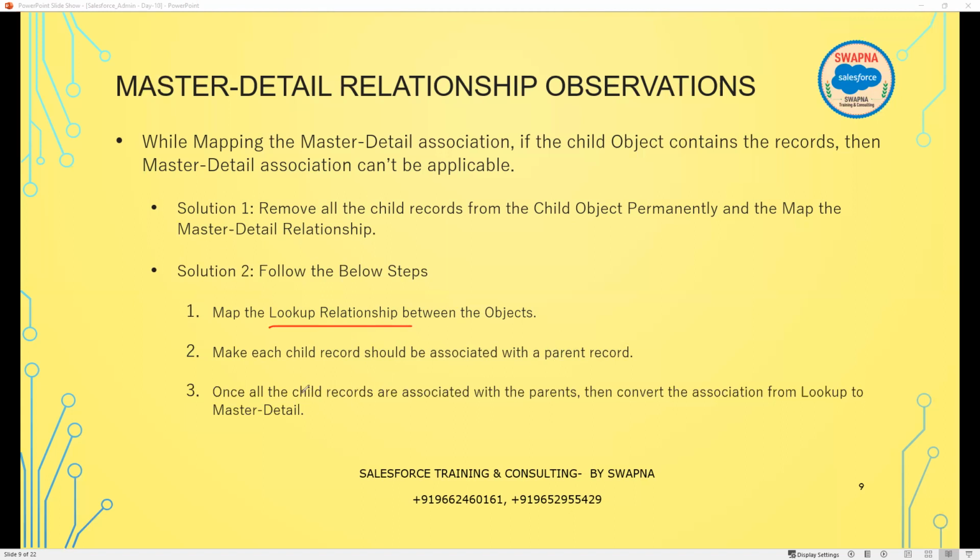Then once everything is updated, we can update the data type of the lookup relationship to the master detail relationship. So that is two solutions which are available. Take a note of it.